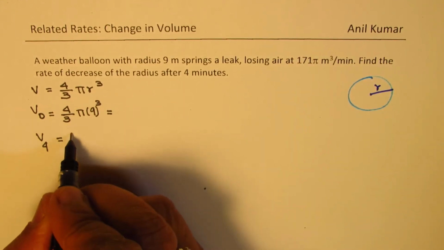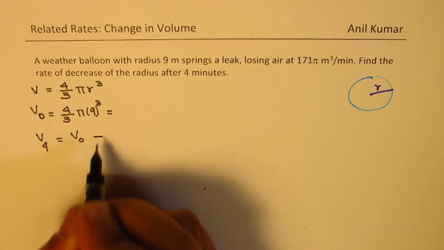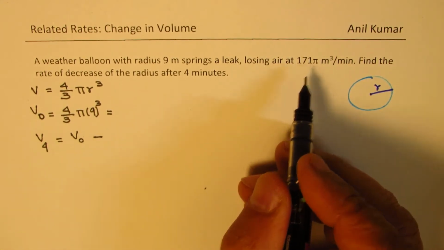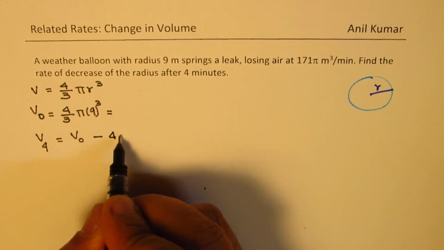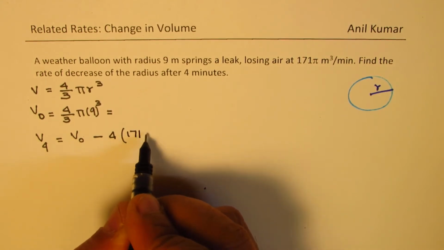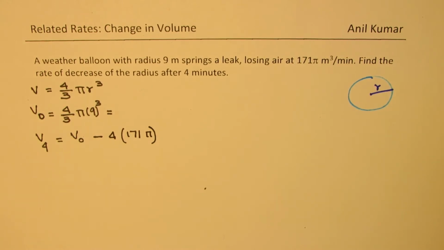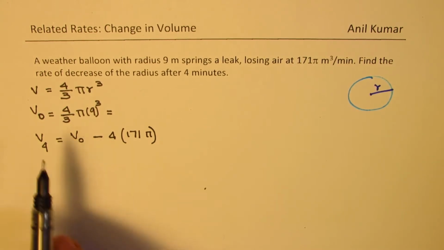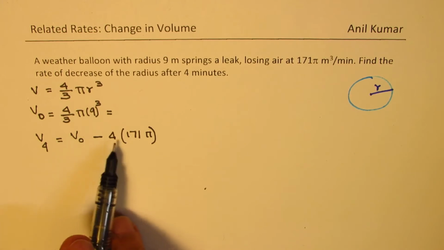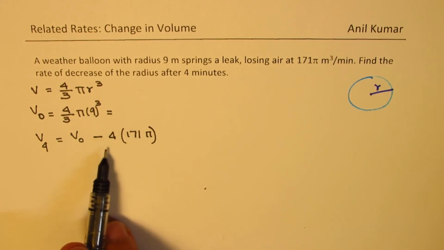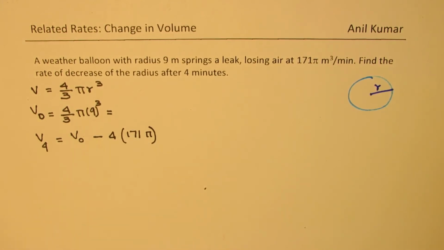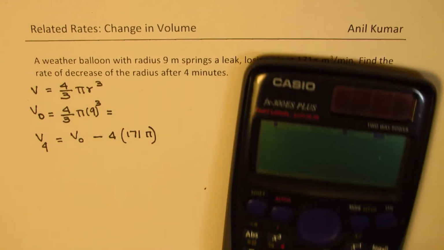So the initial volume V0 minus how much it has lost, right? So it has lost 4 times 171 pi. So that becomes the volume after 4 minutes, right? So starting with whatever value, and then that becomes the loss. Now let's calculate the values concerned.